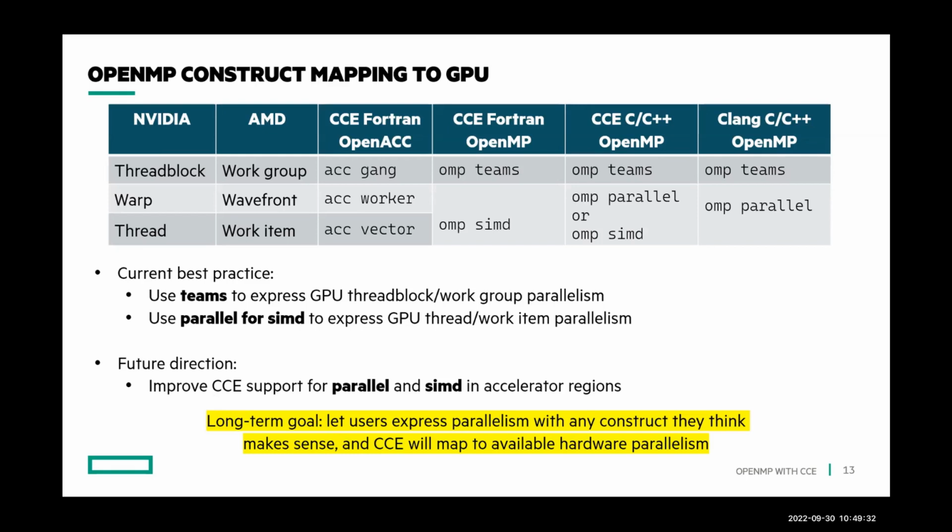Of course, if you just specify on a loop teams distribute parallel for or parallel do, it doesn't mean you're not going to leverage all the threads in your thread block. As I had mentioned for our Fortran compiler, we do very aggressive analysis to see if loops are capable of being parallelized, and in that case, we will take full advantage of all the threads if we see that it's legal to do so.